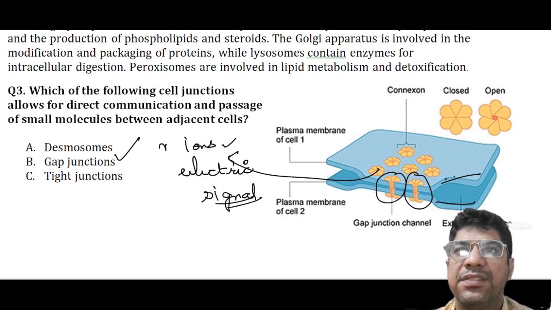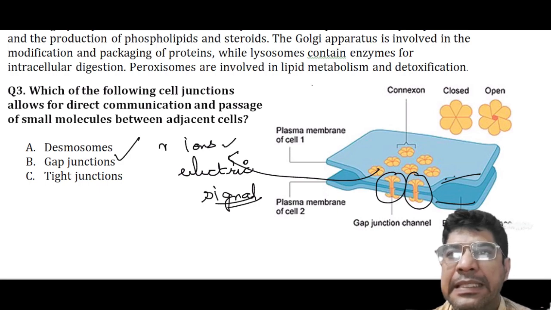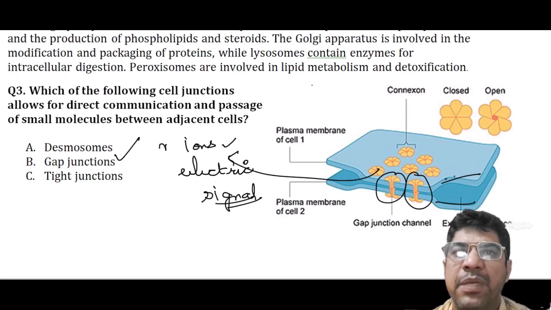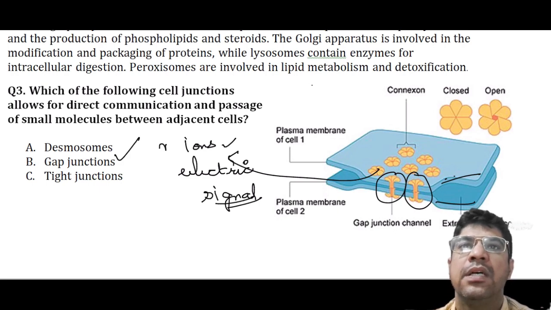So gap junctions are like small cell phones that cells use to talk to each other. They help cells share information, molecules, and even electrical signals.